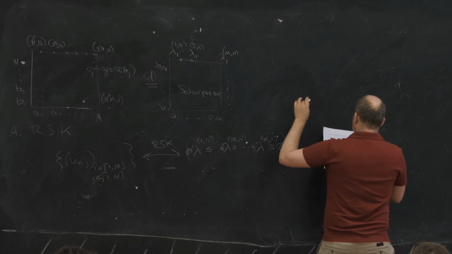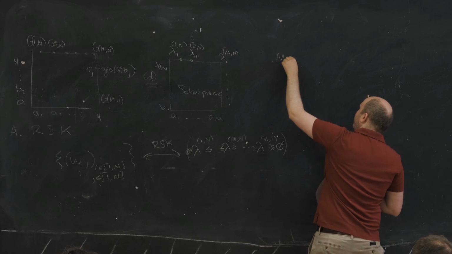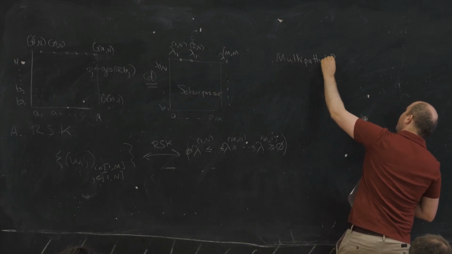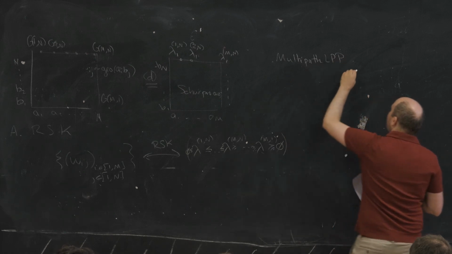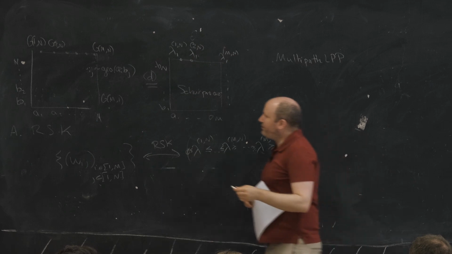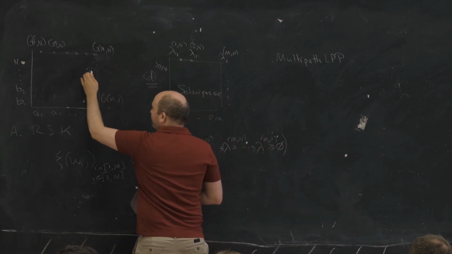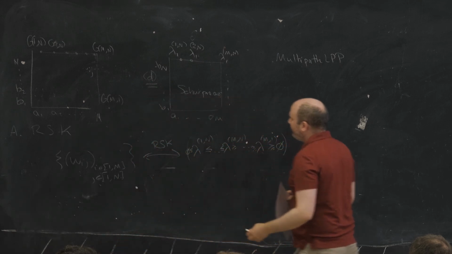So one way to define it is through what I would call multipath last passage percolation. And in particular, let's say, forget that these are random for the moment, just take that these are some given integers, or they don't even need to be integers, they can be arbitrary reals for that matter.